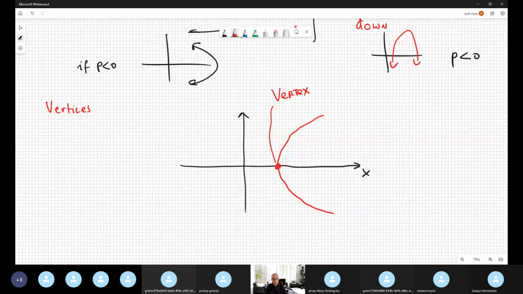We have also one focus. Foci in plural, focus in singular. And the focus lies on this axis. By the way, this axis is the axis of symmetry.